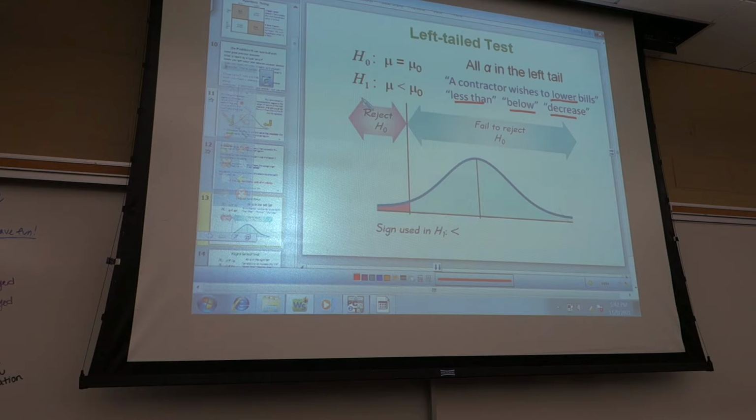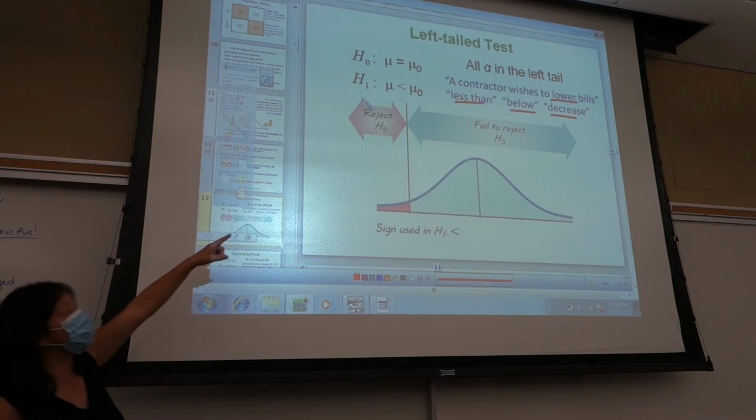H naught: mu equals mu naught. H1: mu is less than mu naught. Great. I would say mu naught. See, it's not hard to say. You have to go through it. All right. Mu naught. Okay.